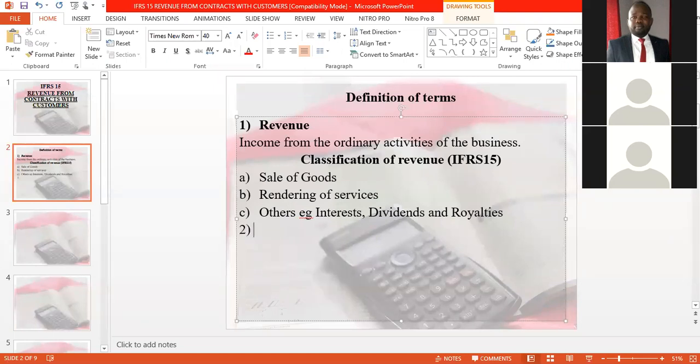I want us also to define what is a contract, because what is the standard? The standard is revenue from contracts with customers. So what is a contract? You all know that contract is an agreement.